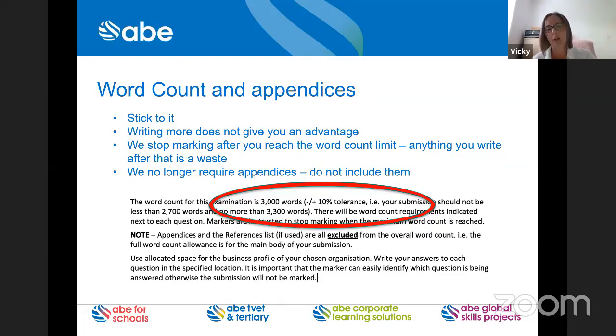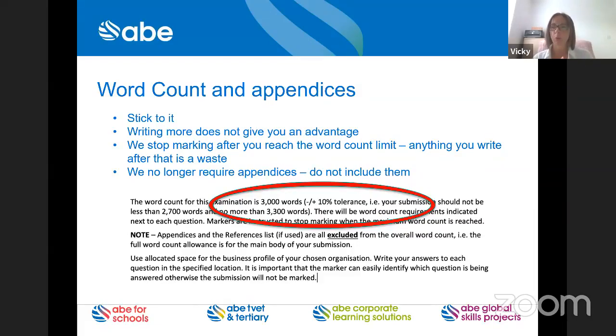So you can either do under the word count by 10% or over the word count by 10%. Any more than that, and the marker will stop marking. So you may feel that you want to write lots and lots and lots to show your knowledge. The key thing with open book exams and assignments is that you can write in a detailed and concise way.